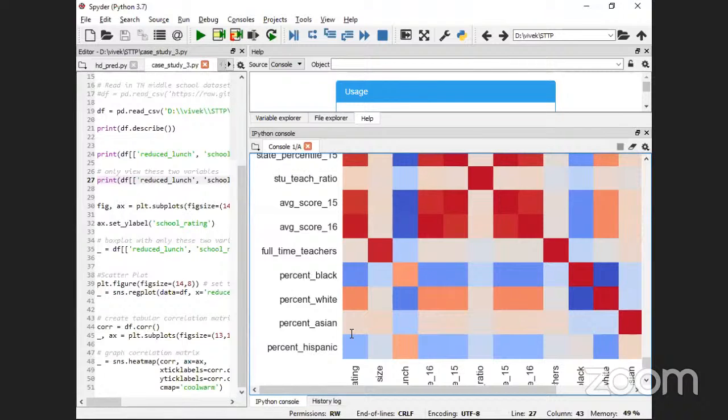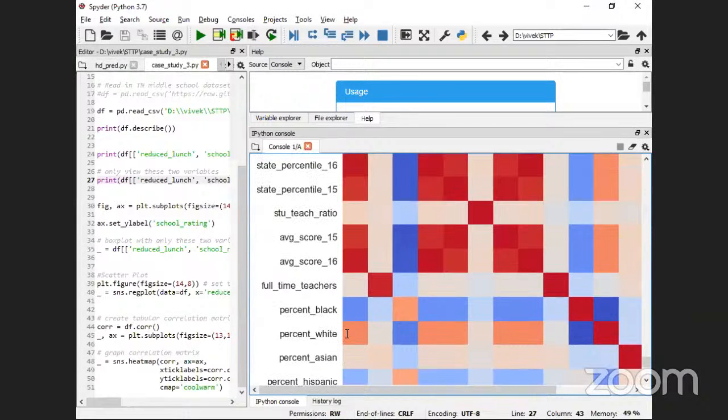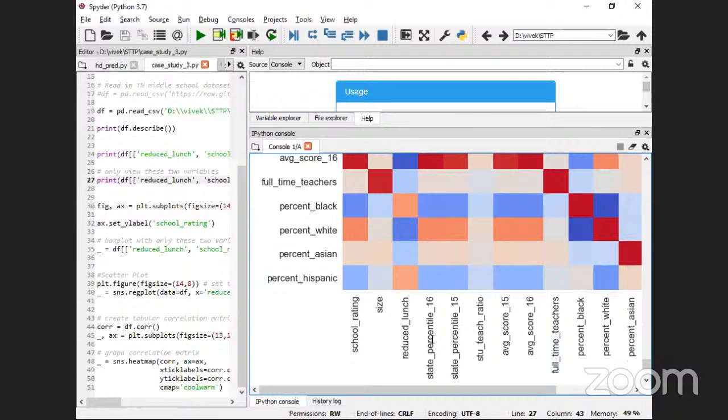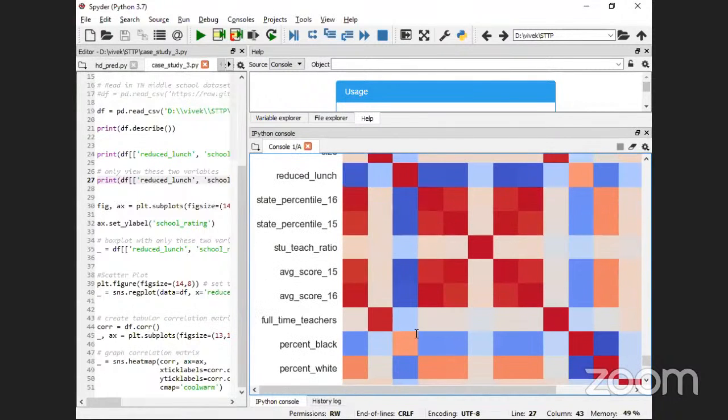The red color indicates that that particular parameter will have more influence on school rating. Similarly, size and reduced lunch. Likewise, you can generate correlation heat maps to compare each attribute with another attribute.